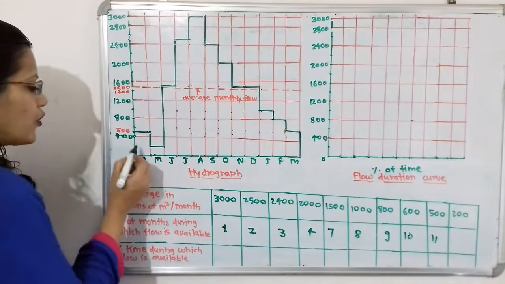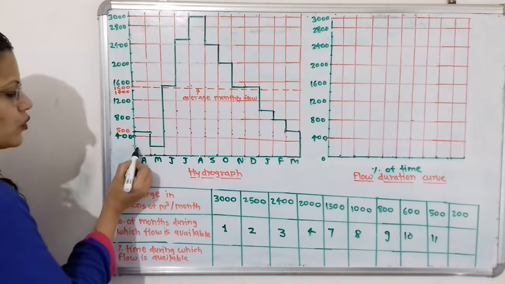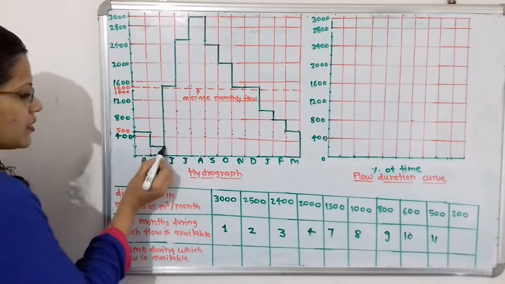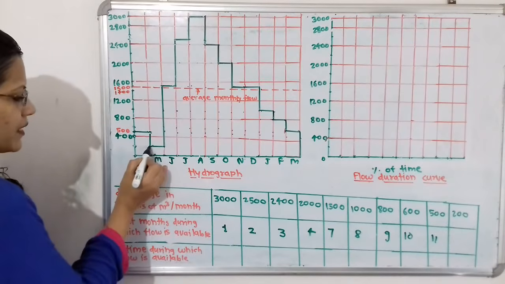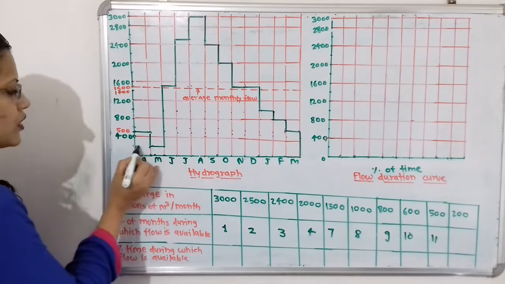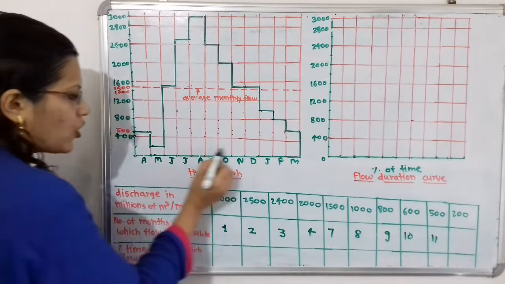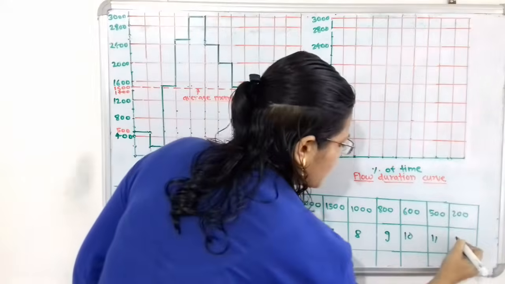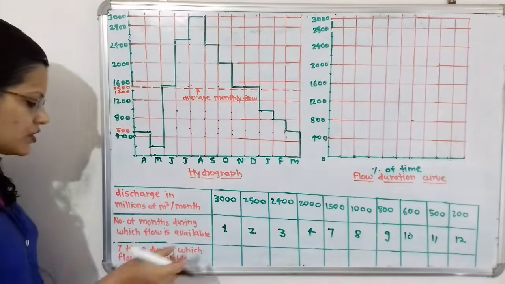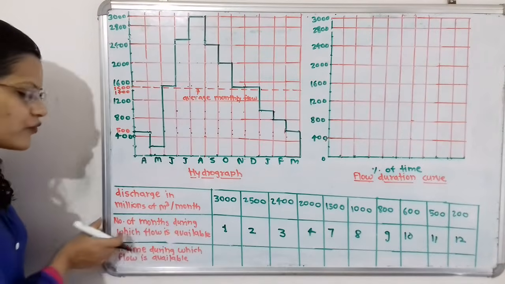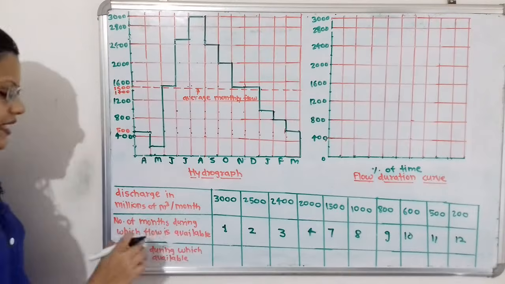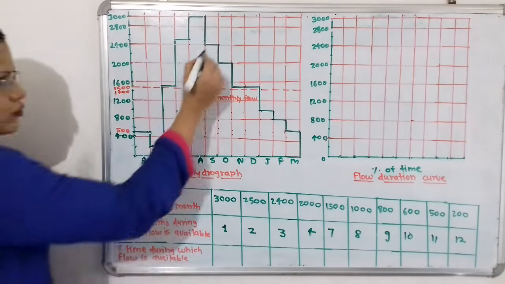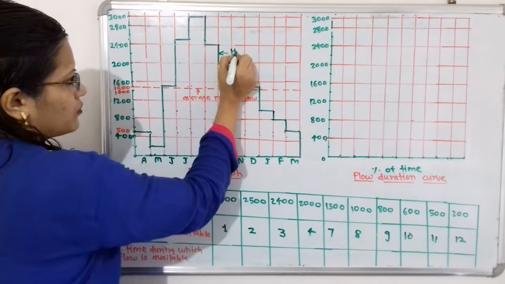And then we will move to 200. If we observe 200, here is the block for the month of May that has discharge 200. All the months are getting covered for the discharge of 200, so we will say 12. So we have to complete this second row with the help of the hydrograph. So this is the hydrograph.